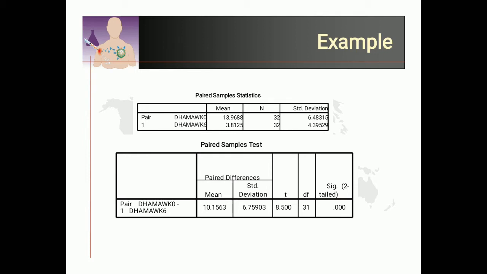For K0 the standard deviation is 6.48315, for K6 it is 4.39529. In the paired t-test, t will be 8.500, degrees of freedom will be 31, and two-tailed significance is 0.000.